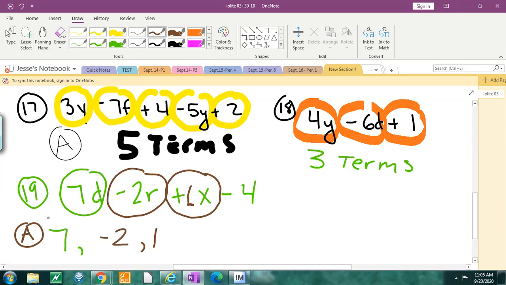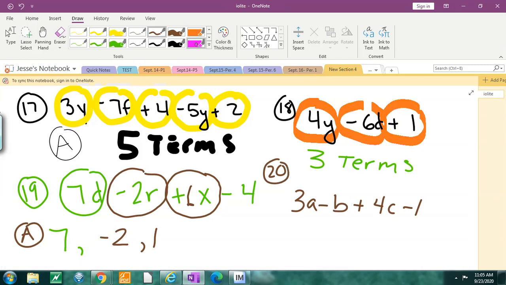All right. What about 20? 20 says, which one is your constant? All right, constant. So I'm going to go ahead and write this real quick. Here we go.